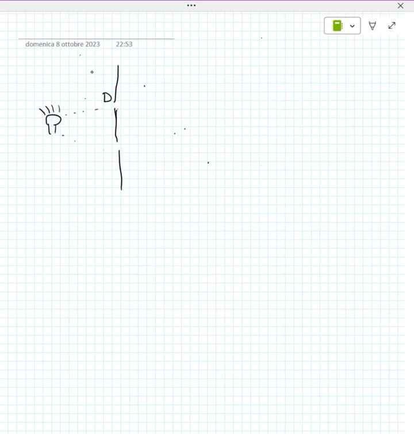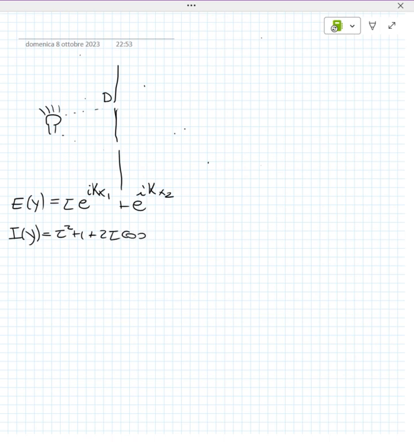So, for example, how can we describe the electric field in this case? We introduce a damping coefficient here. Now we can calculate the intensity. So the intensity will be, it's not difficult to prove.